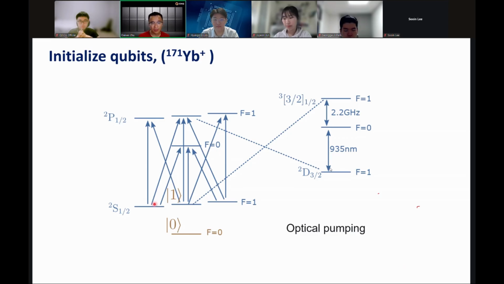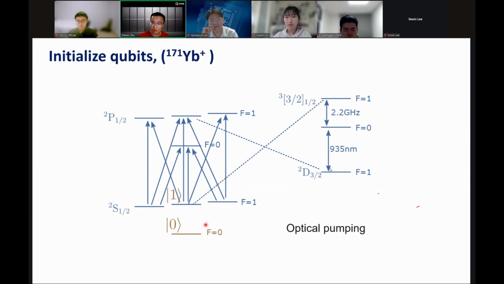Essentially what you do is you drive all the possible transitions out of the one state. So the population is jumping crazy among all those states, right? But all those states have the same possibility to drop back into 0 or 1. So when the ion population is excited, they can go to 0 or 1.